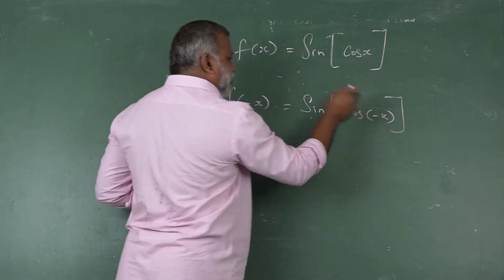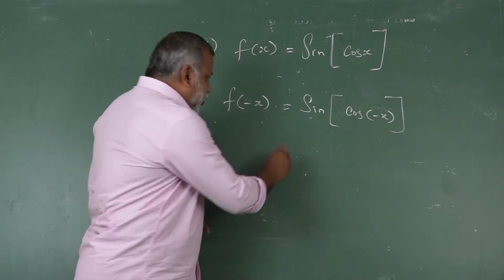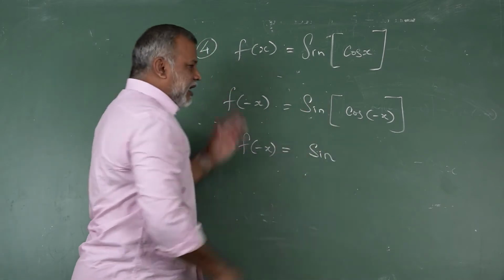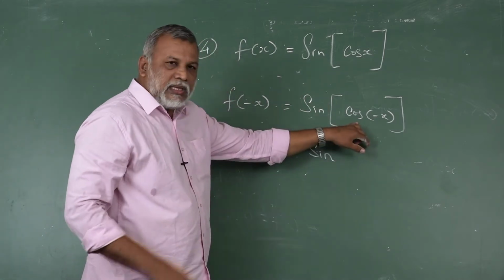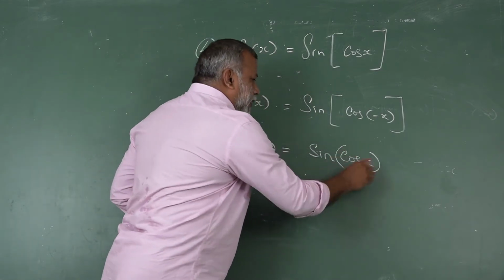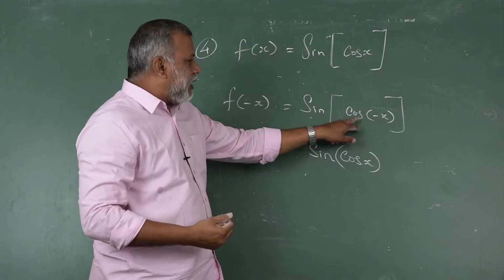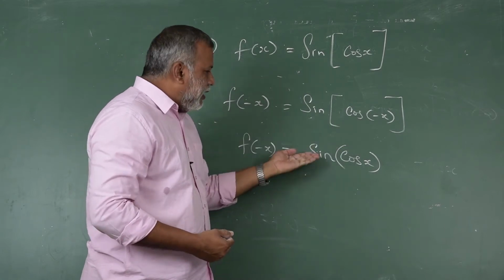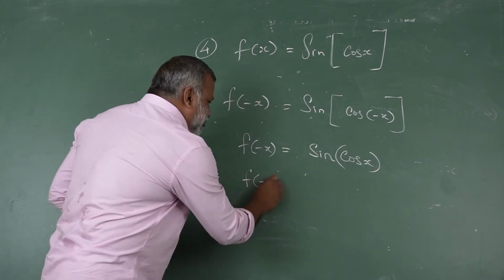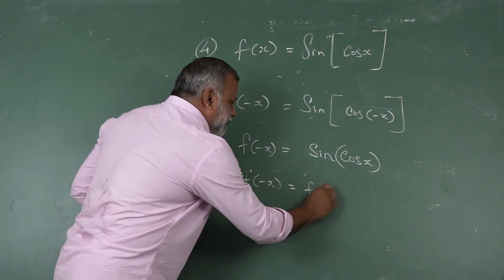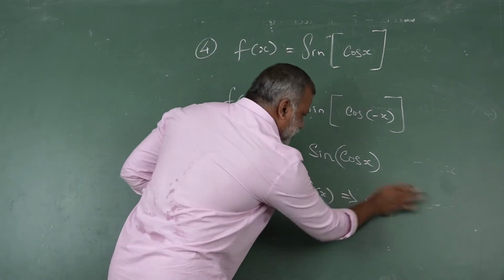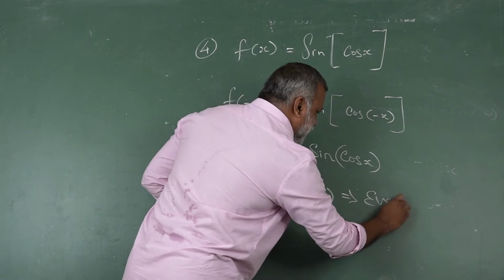By observation, sin is outside, sin of cos x. Cos absorbs the negative, therefore it will become positive. See, sin of cos x once again, this is the given function. See, f of minus x equals f of x. This is called an odd function. Sorry, even function. It is called an even function.